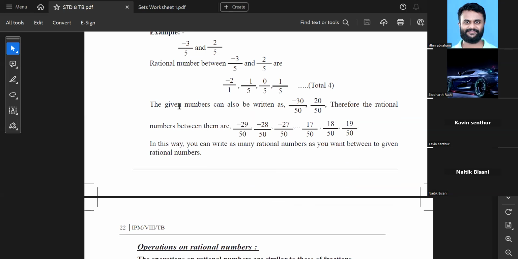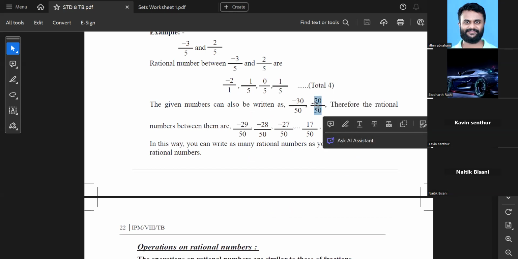So there is another number, like in this case, minus 3 by 5, it can also be written as minus 30 by 50. Technically speaking, this single fraction is same only. Speaking about minus 2 by 5, it can be written as minus 20 by 50. Technically speaking, this fraction is again same.